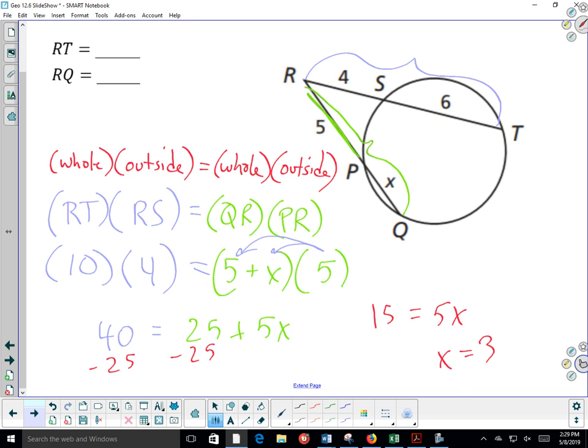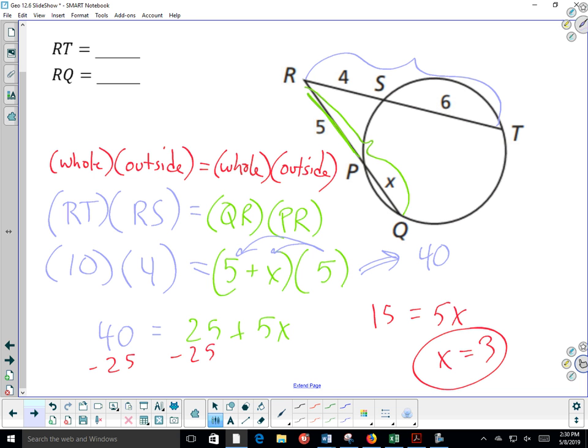Isabel, I did it a different way, but I got the same answer. What did you do? Okay, I got 40 equals 5 plus x times 5, and then I divided both sides by 5, and then I got 8 equals 5 plus x, and I subtracted 5 from both. All right, let me catch up to you.